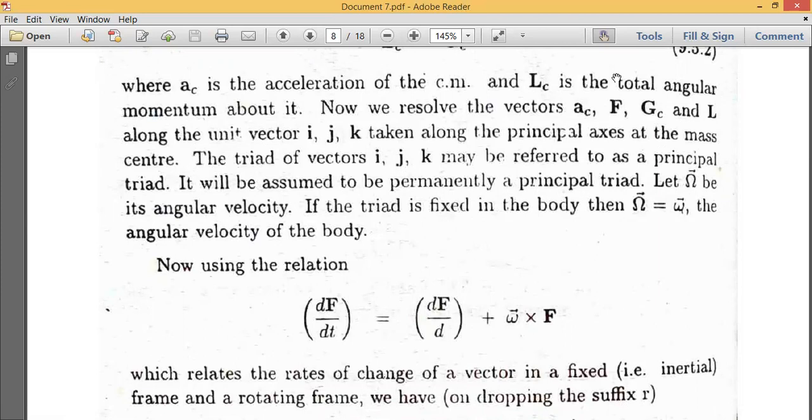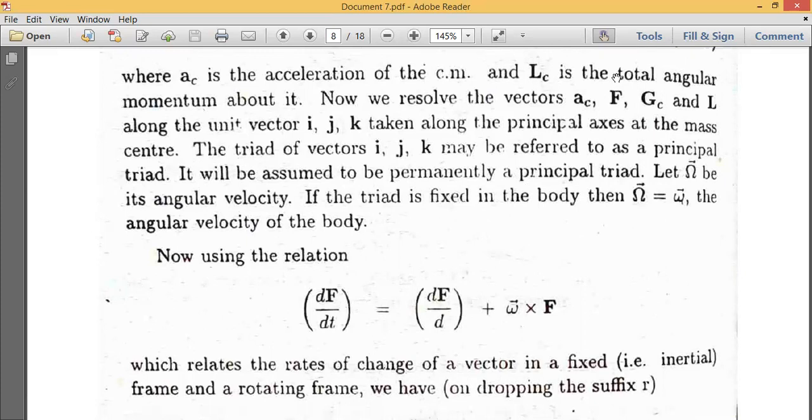Now we resolve the vectors A_c, capital F, capital G_c and L along the unit vectors i, j, k taken along the principal axes at the mass center. The triad of vectors i, j, k may be referred to as a principal triad.